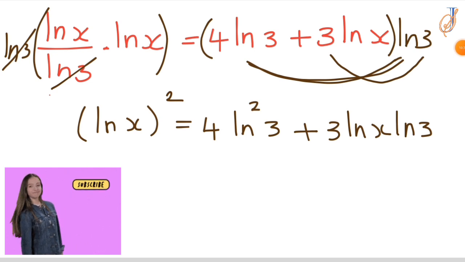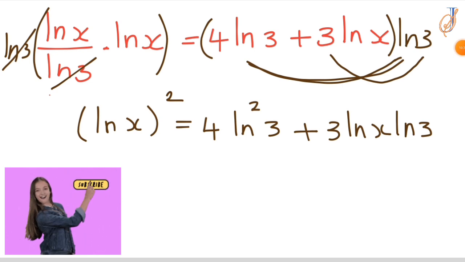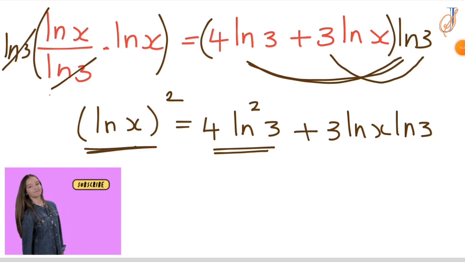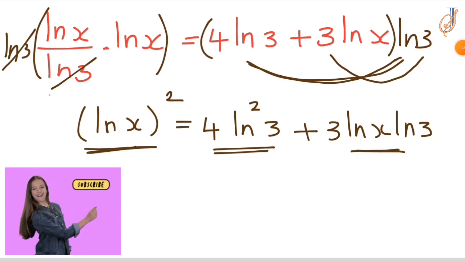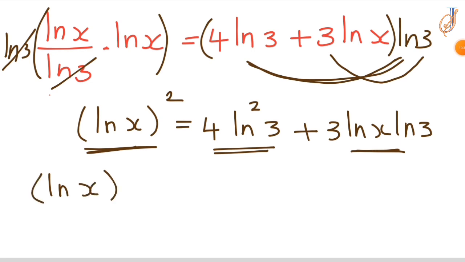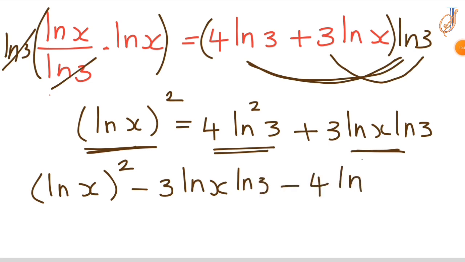Now rearrange the terms to form a quadratic equation. This is a constant, this is ln x whole raised to the power of 2, and this is the ln x term. So ln x whole power 2 minus 3 ln x ln 3 minus 4 ln square 3 is equal to 0.